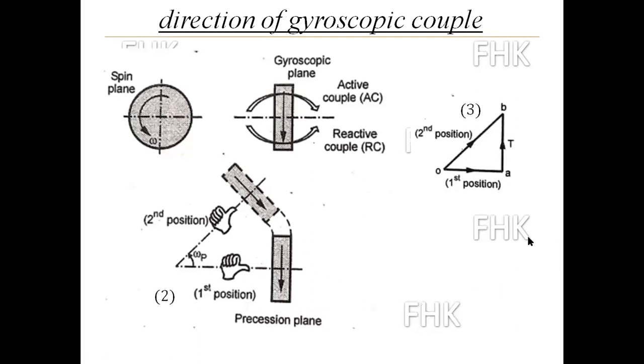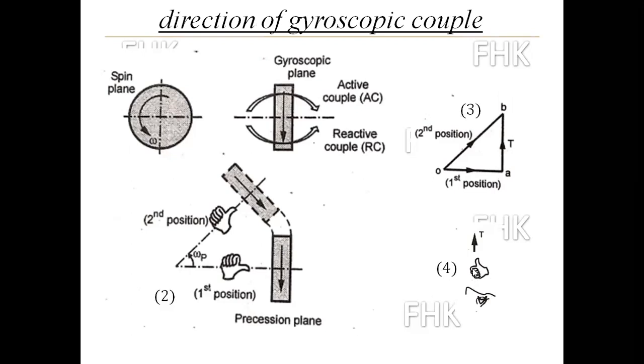So we have already found the direction of the resultant vector AB. Now we have to convert that resultant vector, which is in the precession plane, into the gyroscopic plane. So I will see that direction from the bottom on my right hand. The direction of the thumb shows the direction of vector AB.